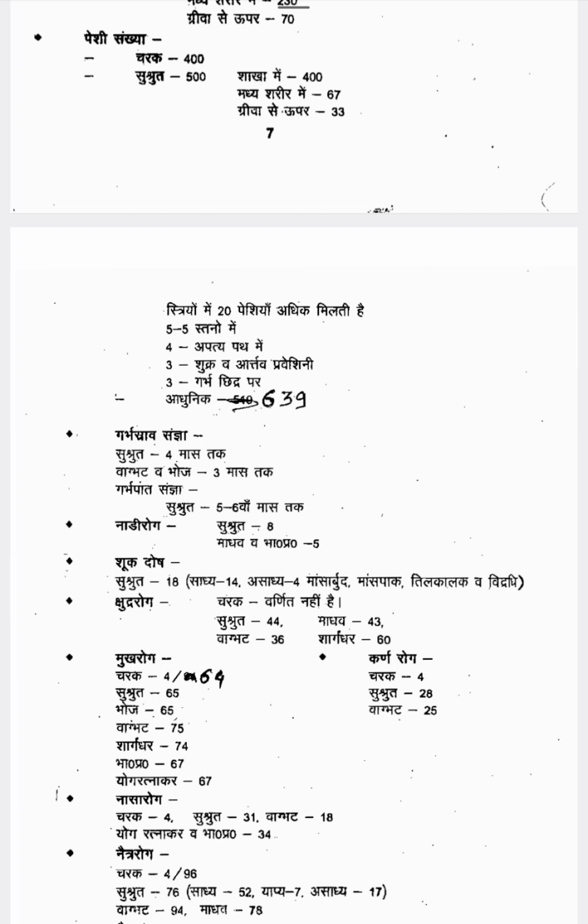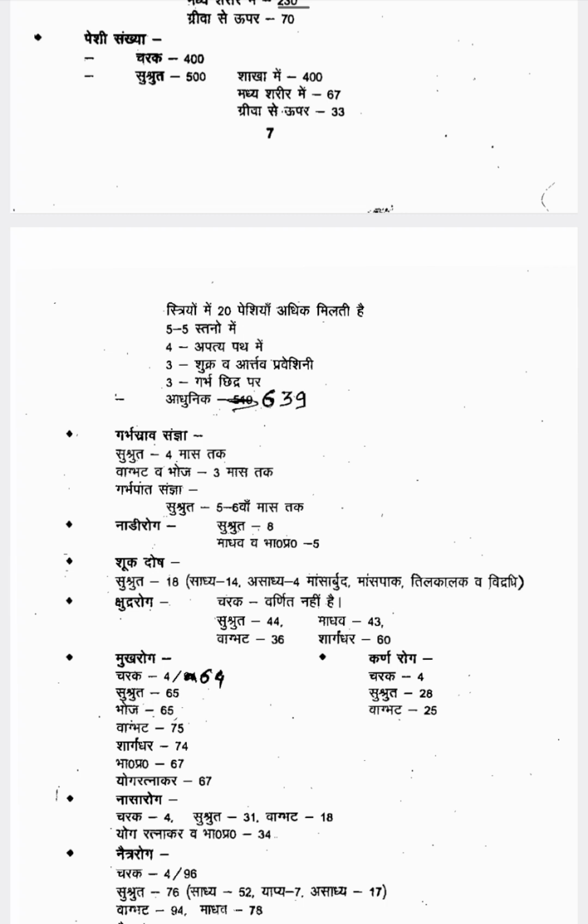Because of the application, it will create some damage to the sexual organ. So those disorders are called Shuka Dosha. Because of the application of these sexual stimulants, so many chemicals, and the intake of some medicines, it will create some damage to the sexual organ. So that total set of disorders is called Shuka Dosha.